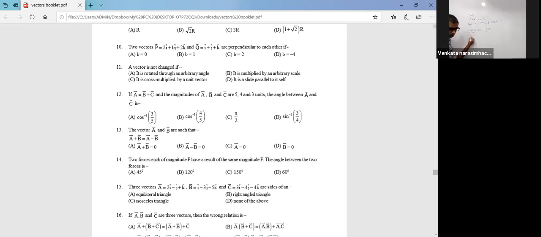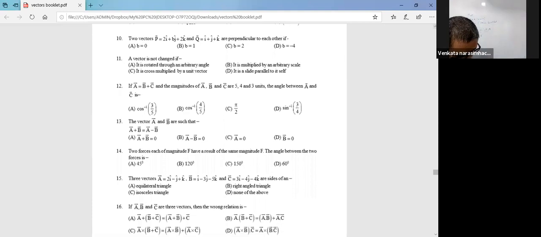Then 12, 13, 14, 15. Somebody is typing something. I will not be able to see your message. Please switch on your mic and speak. So 1 to 9, 12, 13, 14, 15.